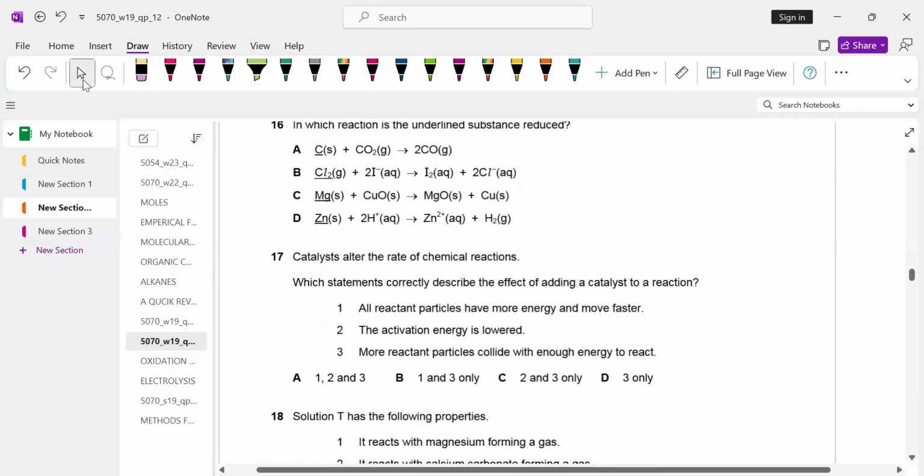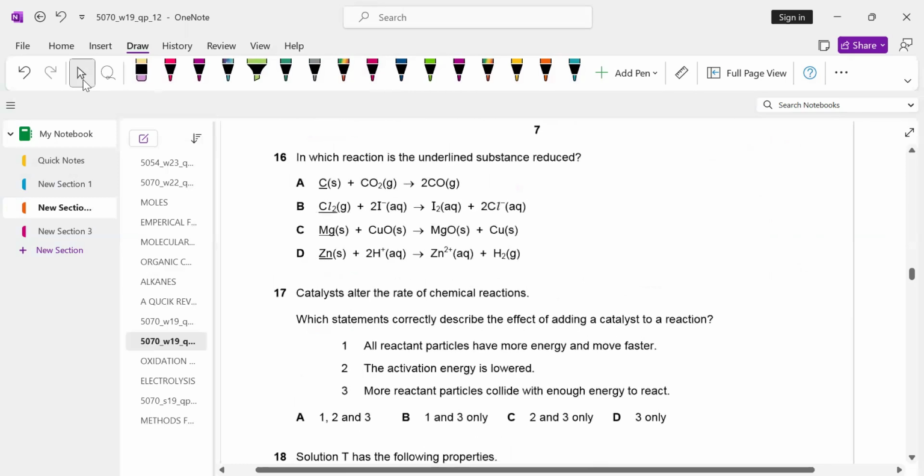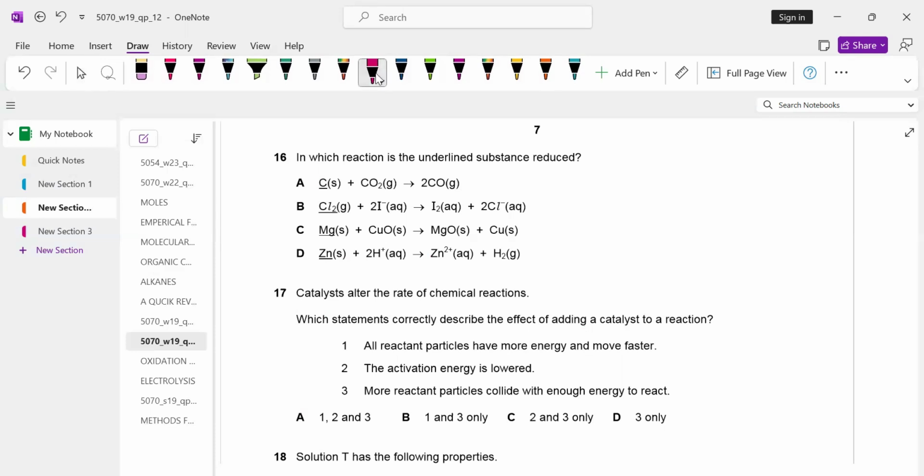Then question number 16, in which reaction is the underlined substance reduced? Firstly, let me tell you a trick to identify a redox reaction. Just see whether an uncharged element is present in the equation.